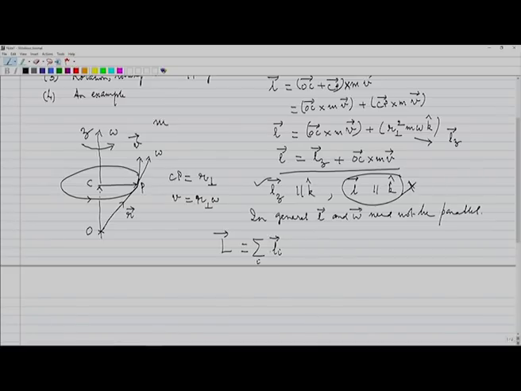The summation runs over i corresponding to all particles. So this is the sum of the Z components of all particles plus the sum over OC_i crossed with m times V_i. It is a straightforward generalization.